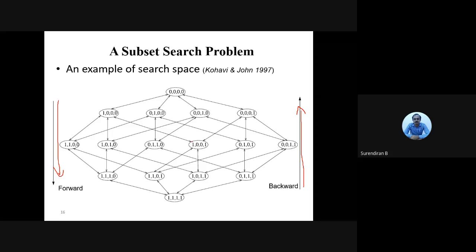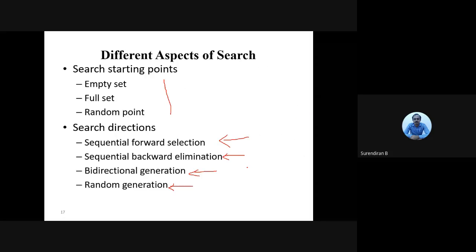And for random generation, let us take some random point. Either you can delete or you can add features to this set. So that is how the searching algorithm works, the searching directions and all these aspects of the search algorithms.